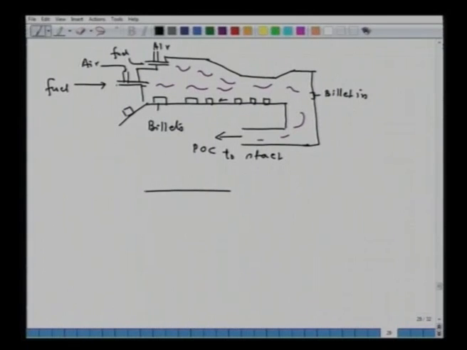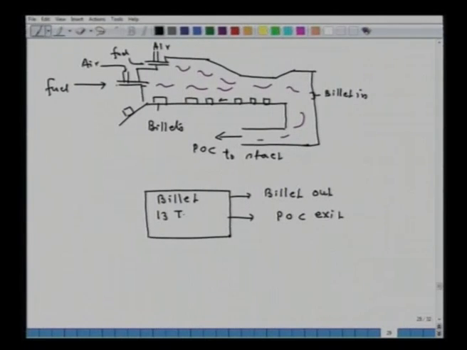Here billet out, here POC exit, here billet in a furnace at 13 ton per hour and heated to 1400 Kelvin. So, billet out at 1400 Kelvin and POC exits at 1500 Kelvin.